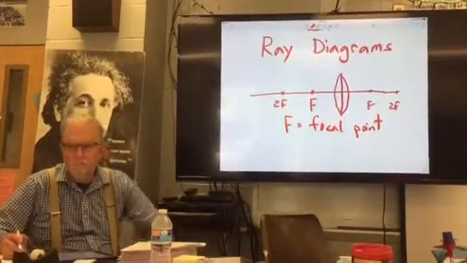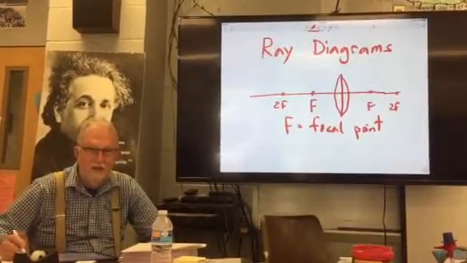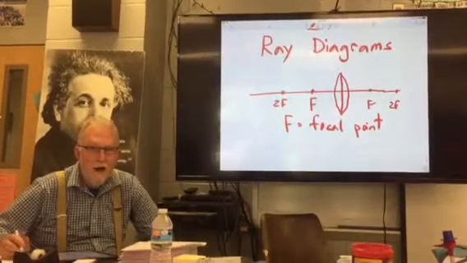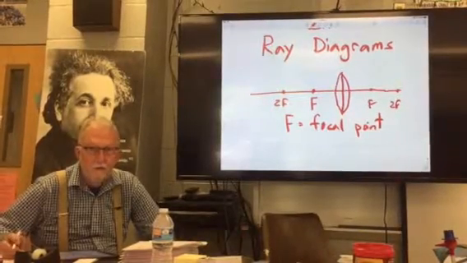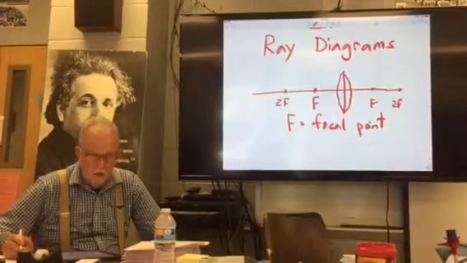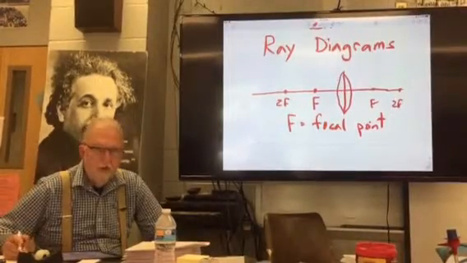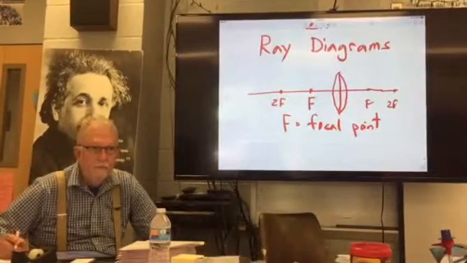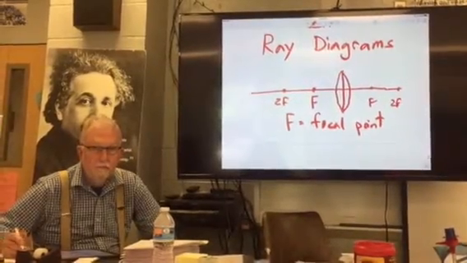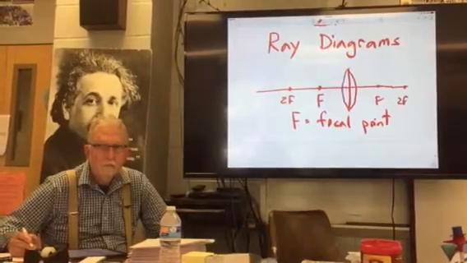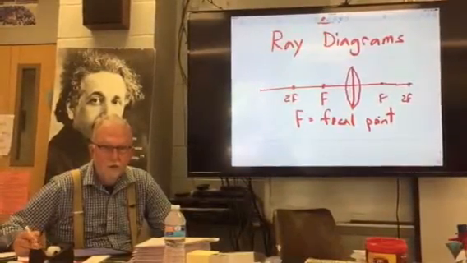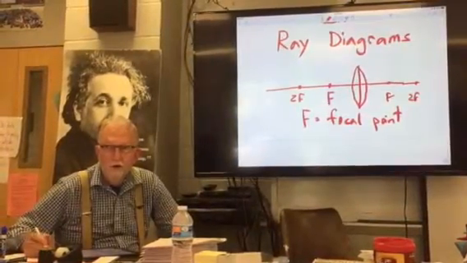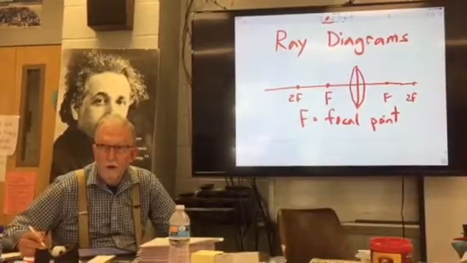Now, if y'all will be real good, children, today we may go outside and find the focal point for a double convex lens. And if we find that focal point, what will happen? We'll get an image. The sun. The sun will be focused on that card, and it should burn a hole in it.